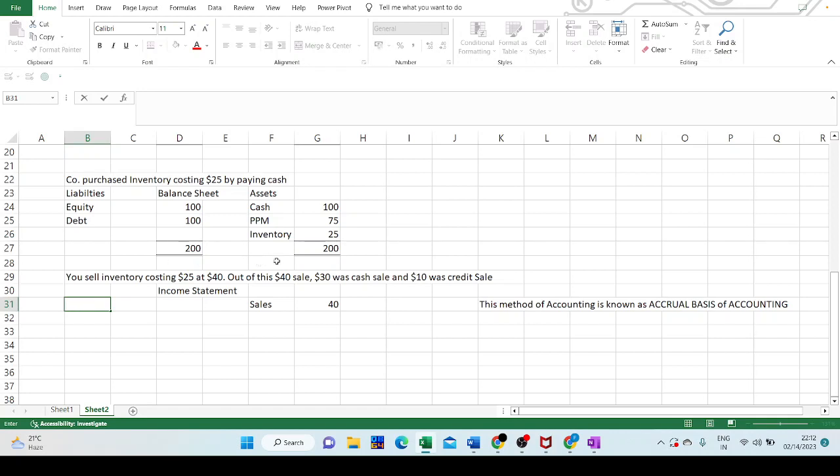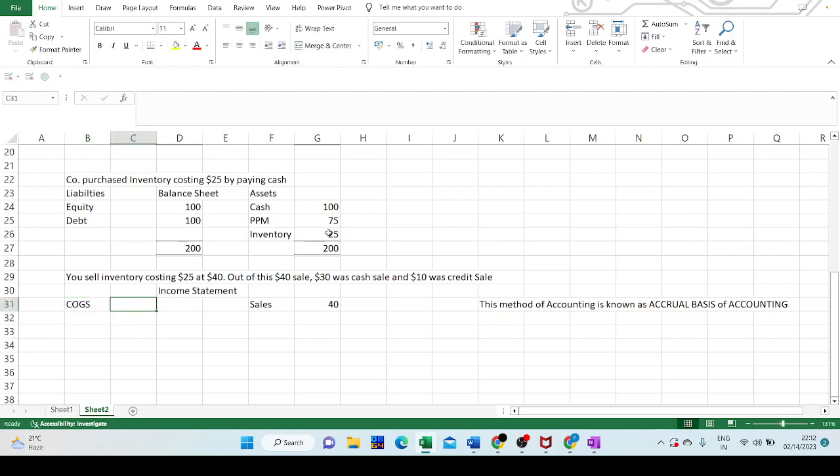Now, guys, you sold this inventory that you had purchased, right? So once inventory is sold, its cost is reported as cost of goods sold in the income statement. Please write this down.